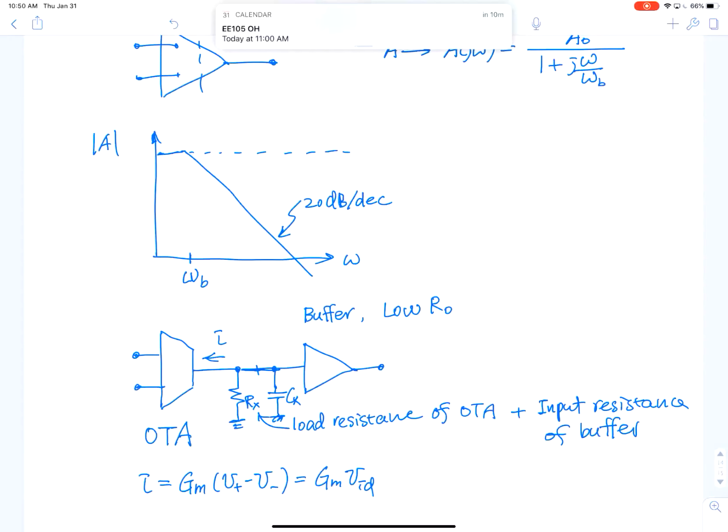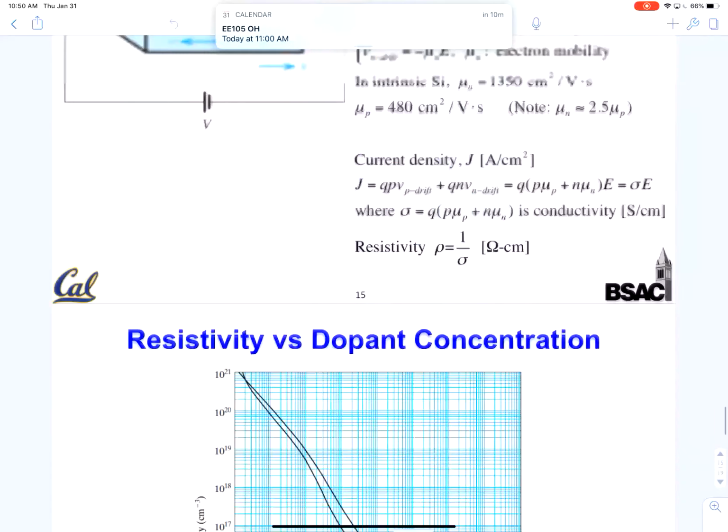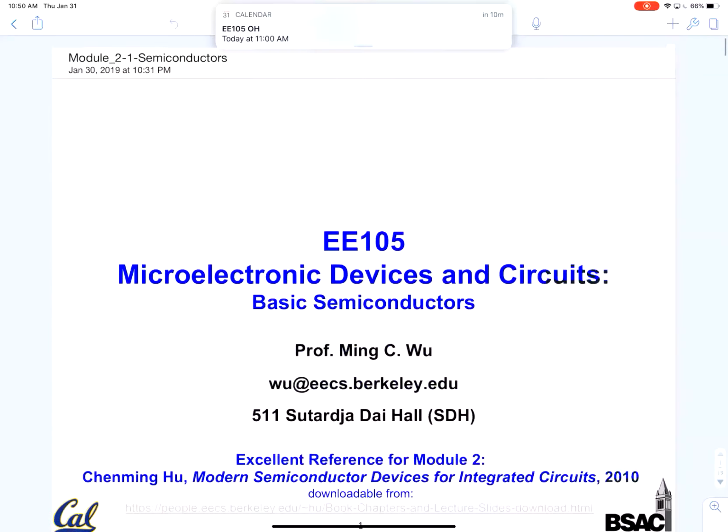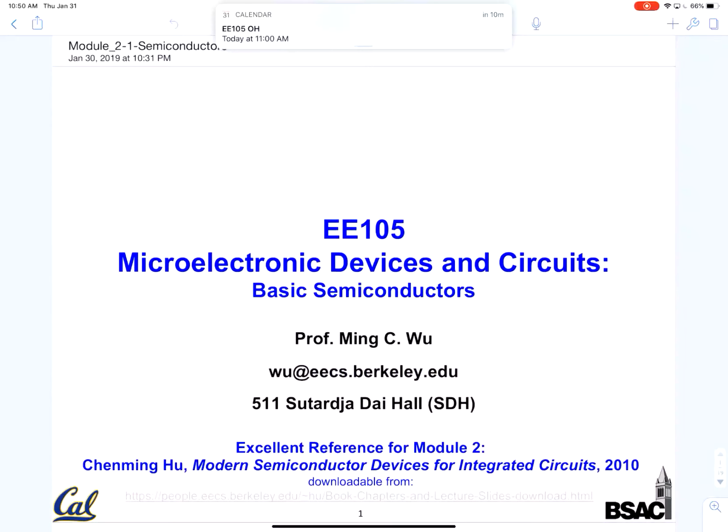If not, I'll just give you a preview of what we are going to discuss next. Next, we're going to look at the material, semiconductor. What is a semiconductor? At the overview, we said silicon, and now silicon and germanium.